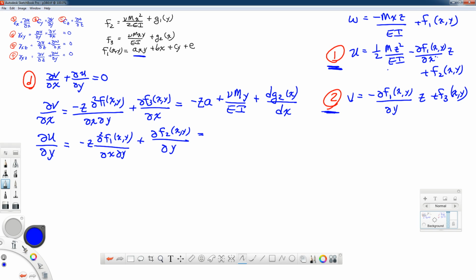Now we know what these functions are. For the function f1, if we take the mixed partial derivative, the most that we can get is a. So that also has a term that looks like minus za. And then the partial derivative of f2 with respect to y, well, that term here goes away, and we're going to have a straight derivative of function g1, which is a function of y, dy.